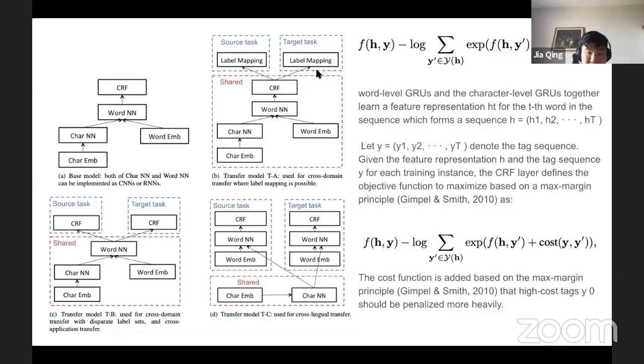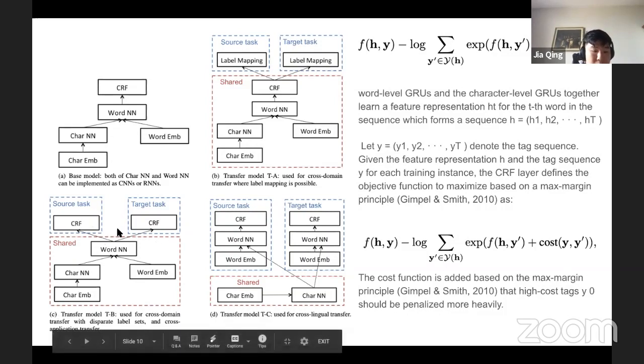The label mappings are mappable, so you can still use the same CRF output of the label sequences, but you just have a further step of mapping what the labels are. If the cross-domain transfer does not have mappable labels, meaning that the label sets are disparate, then they need to break it off at the CRF layer, which is transfer model TD.